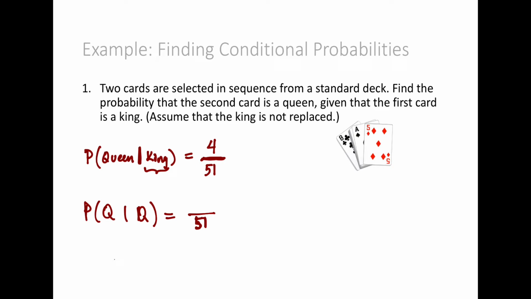There are still only 51 cards left in the deck, but now there are only 3 queens left because we assumed that the first card we picked was a queen. So it's important to pay attention, because sometimes both the numerator and the denominator change, as in the second example, but sometimes only the denominator changes, depending on what was removed from the deck previously.